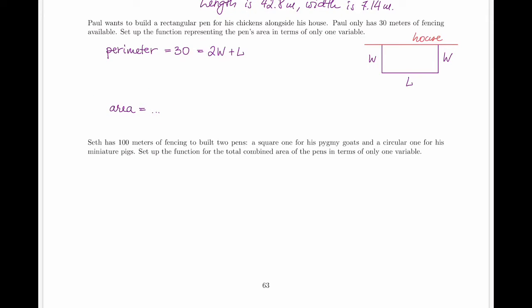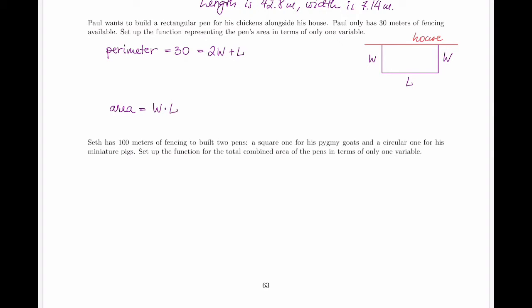Well, I am looking at the area of this rectangle, and that's where you have to be careful. Area of a rectangle is always width times length. Okay, so this is going to be the biggest difference between the perimeter. Perimeter counts every occurrence of W. The area will only count one dimension times the other dimension. So the area here will be width times length.